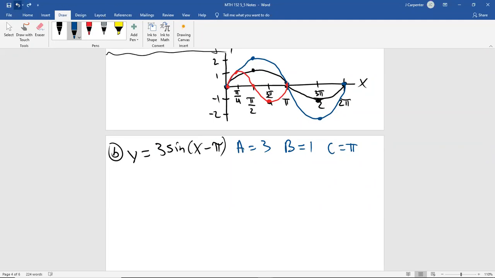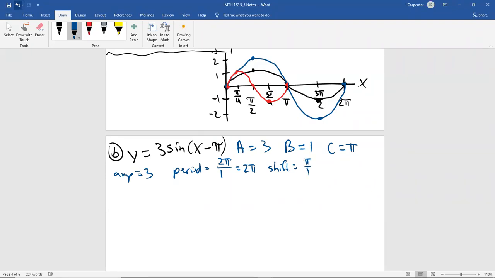All right, so since the A is 3, the amplitude is 3. Since the B is 1, the period, it's not just 1, it's 2 pi, the original period of sine, divided by the B, which is 2 pi. The shift factor is the C over the B. C is pi over B, which is 1.